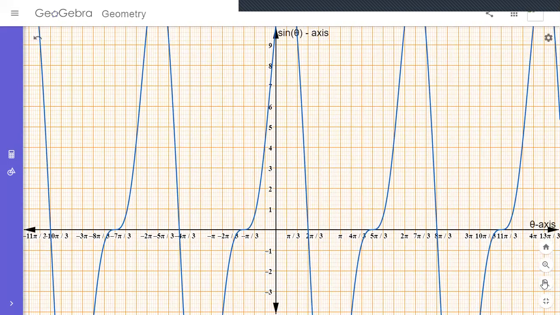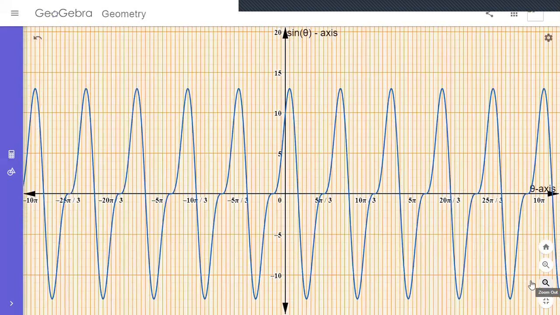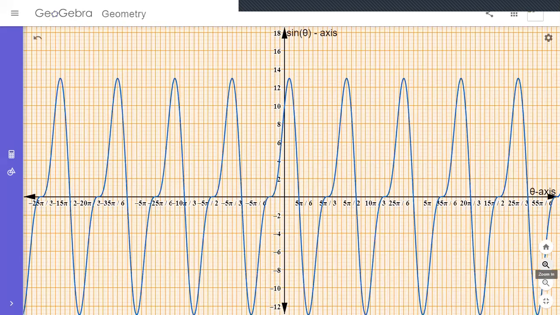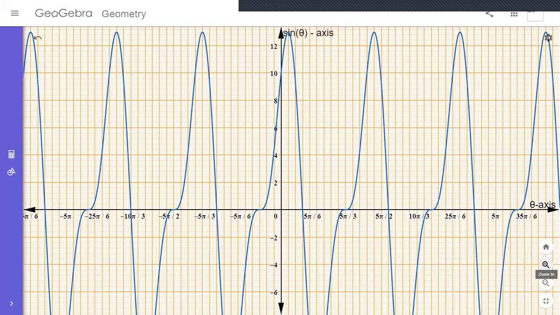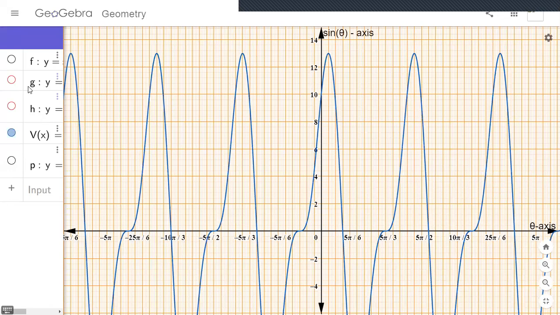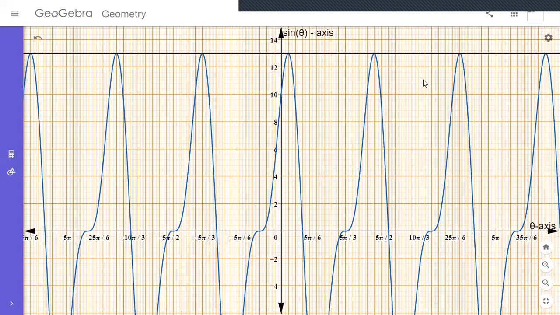Let me just zoom out a bit. And I'm saying that when V equals 15 root 3 over 2, that is going to be my maximum possible volume. I already have it here, 15 root 3 over 2. So that is going to be the black line that you see above the x-axis there.